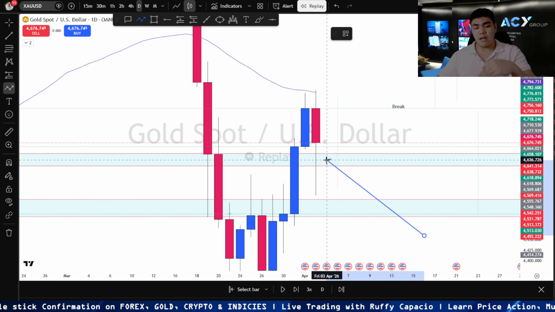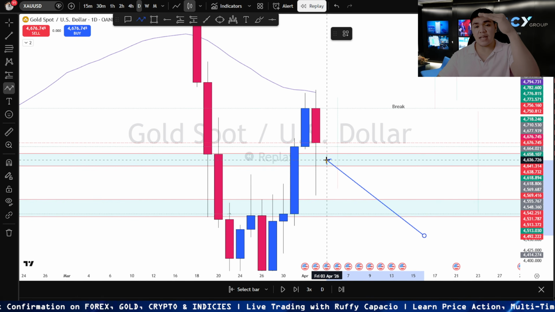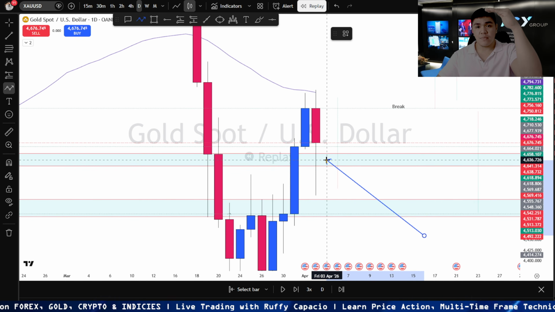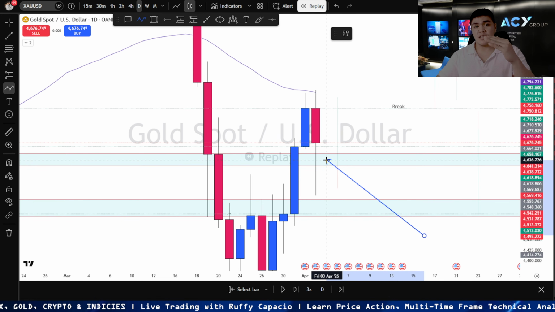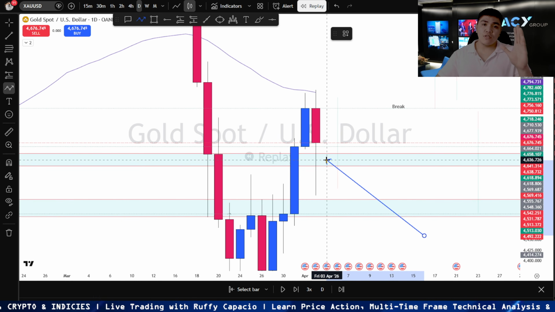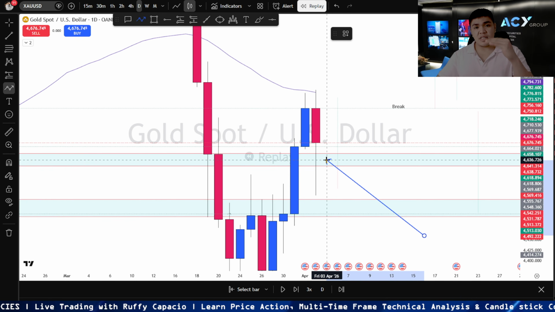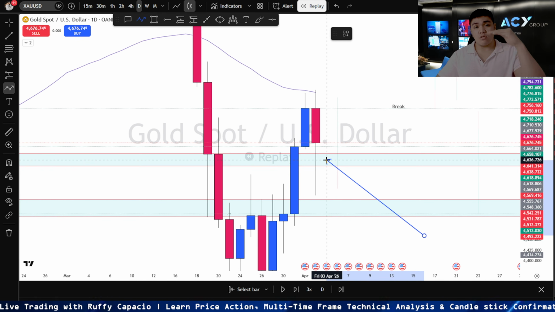Price below, acting as a ceiling. Simple view: support equals floor, resistance equals ceiling.